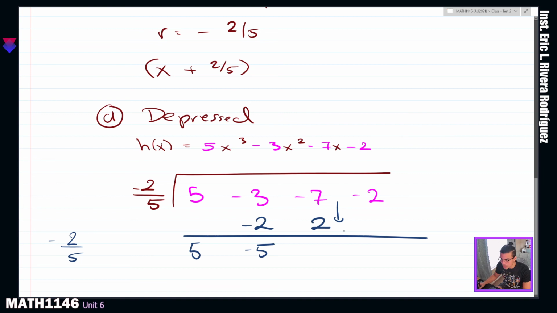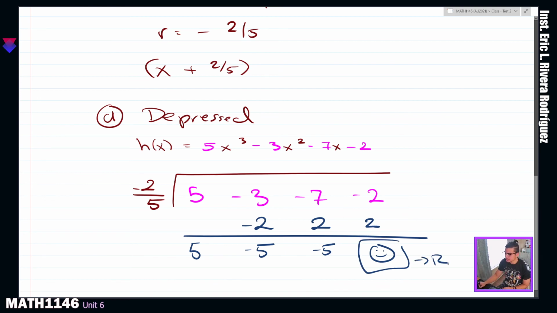Going down, we add negative 5. Negative 5 times negative 2/5, we cancel this, and we get positive 2. Going down, we add, and here we have our friend 0. That's important because that is the remainder, and the remainder is telling us that yes, indeed, negative 2/5 is a zero.